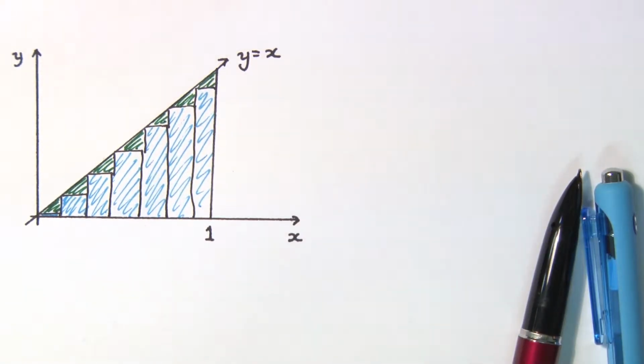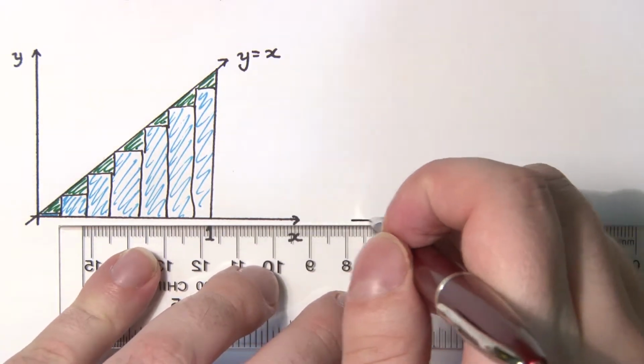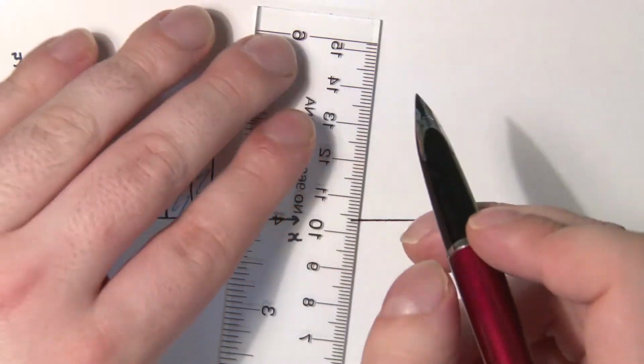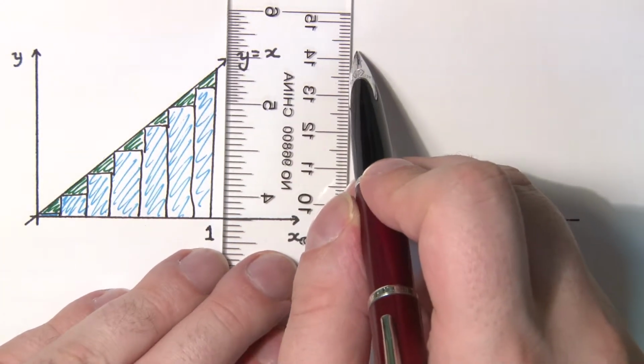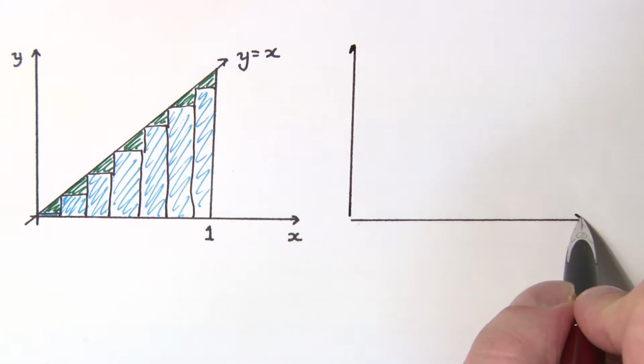So what we need to do is try to have more and more rectangles. And by doing that, then we can get a much more accurate approximation of it.